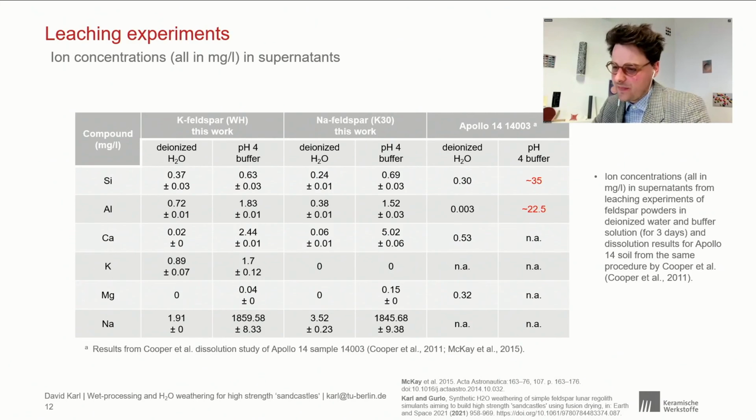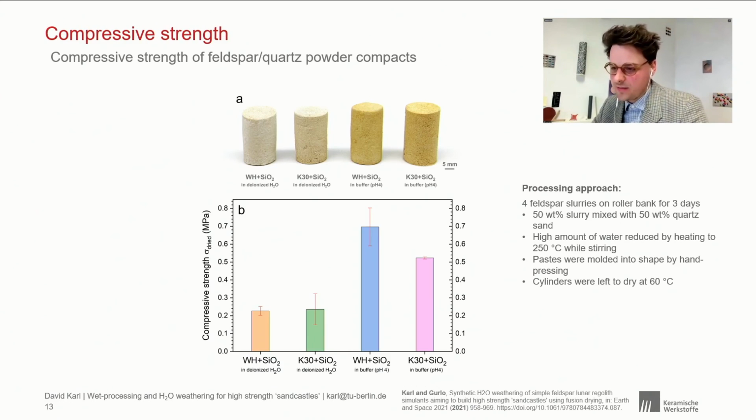But the lunar simulant in buffer has a very, very high silicon leaching and also aluminum leaching. We're currently on the way to using various lunar simulants to reproduce this, but I'm not sure how long this will take to dissolve so much silicon and aluminum. Anyway, these are just some rudimentary results.